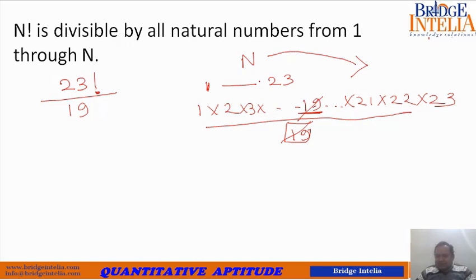It simply says that it is definitely going to be divisible by the numbers which fall in this range. Nothing else can be concluded. Another example, 97 factorial. Will this be divisible by 53? Definitely, it will be divisible.